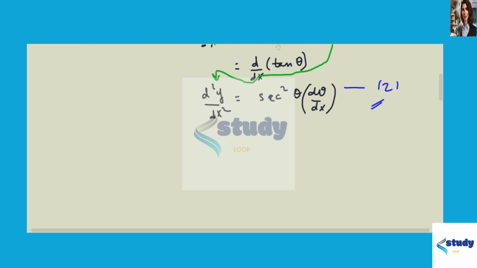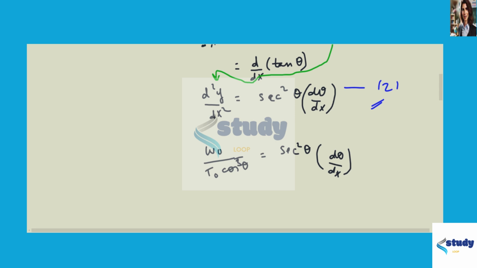Okay. So from here we get w naught over t naught cos cube theta is equal to secant square theta into d theta over dx.